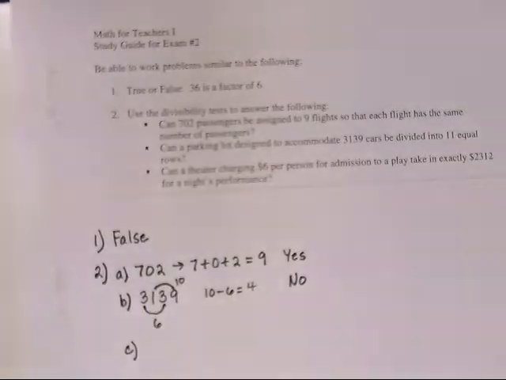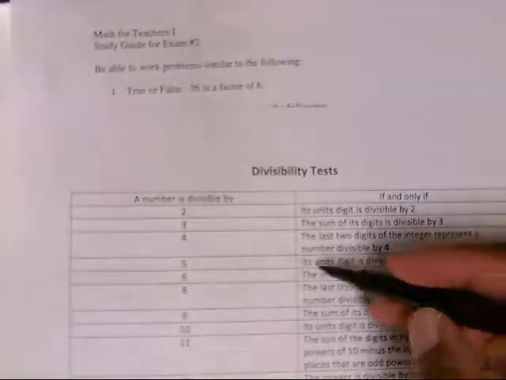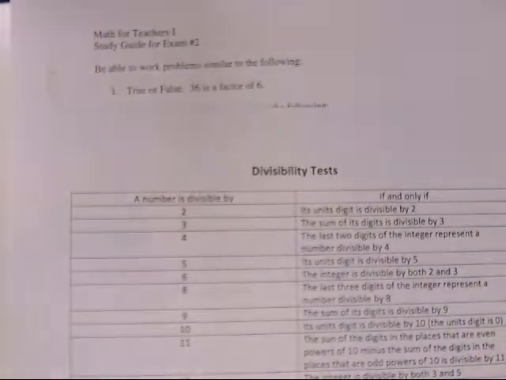Apologize for that. Can a theater charging $6 per person for admission to a play take in exactly $2,312 for a night's performance? In this case, for it to be divisible by 6, that integer has to be divisible by both 2 and 3.